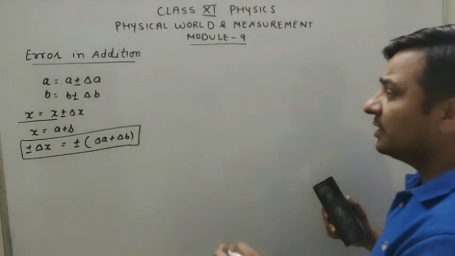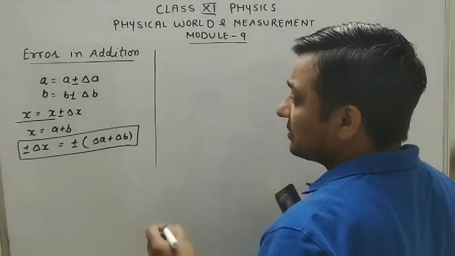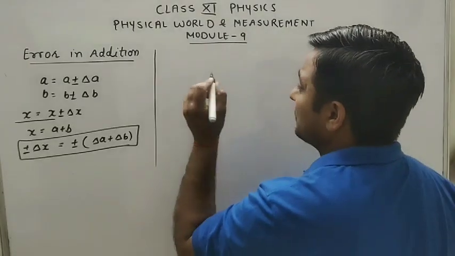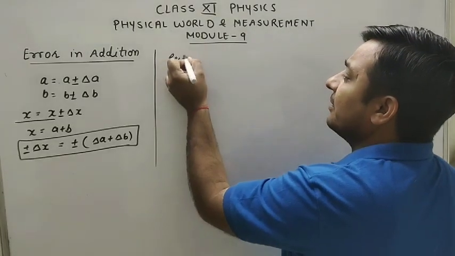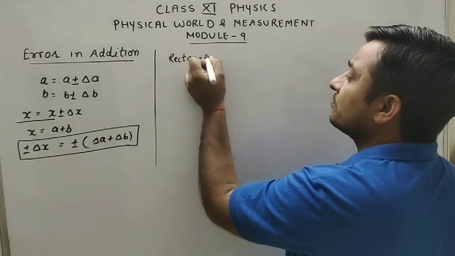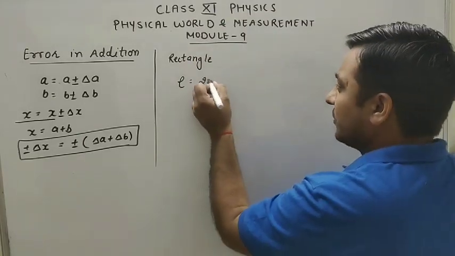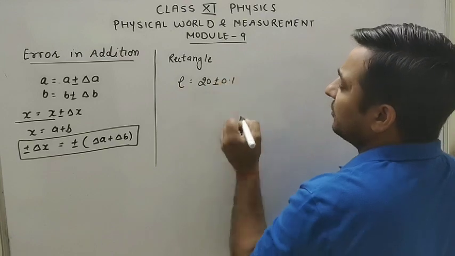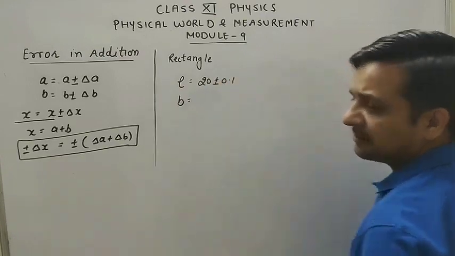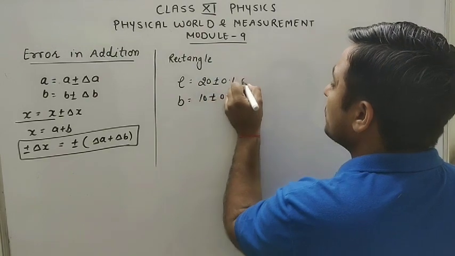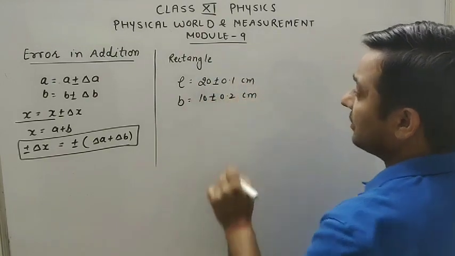So there is a single question which I am going to discuss with you. Suppose there is a rectangle whose length is 20 plus minus 0.1 and breadth is 10 plus minus 0.2 centimeter.